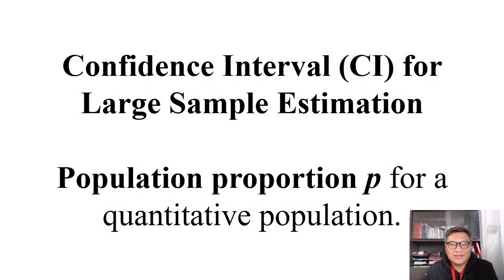Okay, once again, class. This is just a continuation of the previous presentation. For this one, we are looking into the estimation of a population proportion, or a population percentage. It depends on the problems given, class.